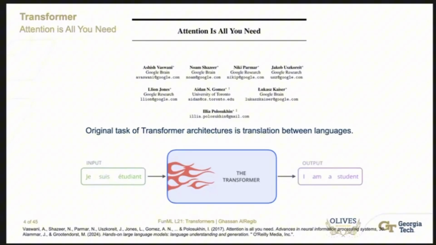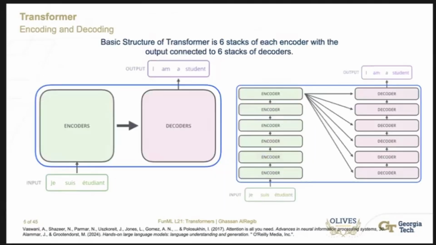Attention started as a method for language models. Basically, we have an input in some form, and we wish to transfer or translate this input into a different form using the transformer. Any kind of content generation model will follow this exact architecture.